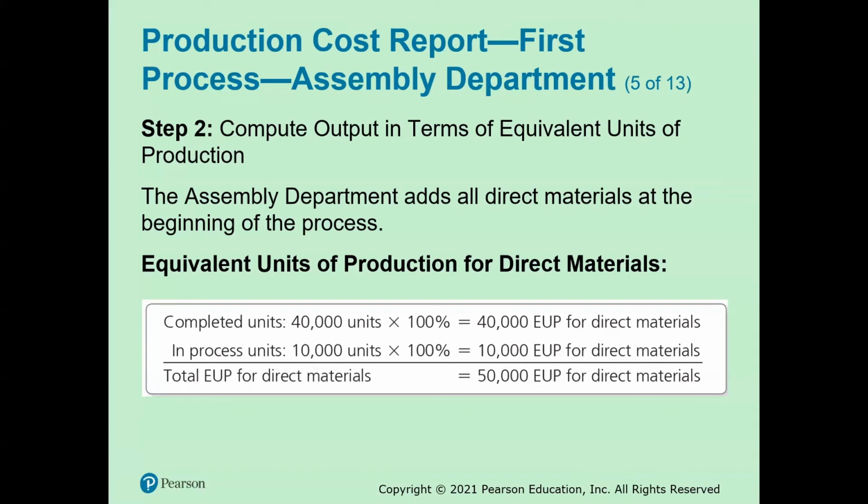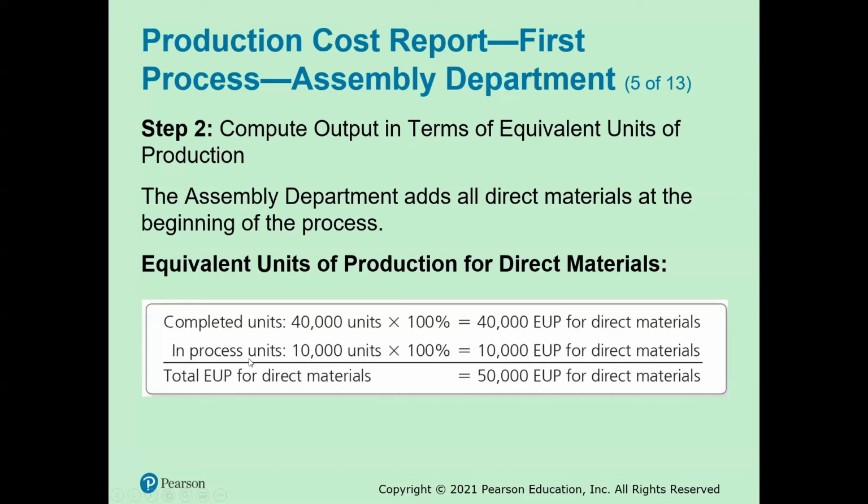Because the direct materials are added at the beginning of the process, if the units are started, then 100% of the materials have been added. We have completed units at 40,000 units times 100%, which gives you 40,000 EUP for direct materials.